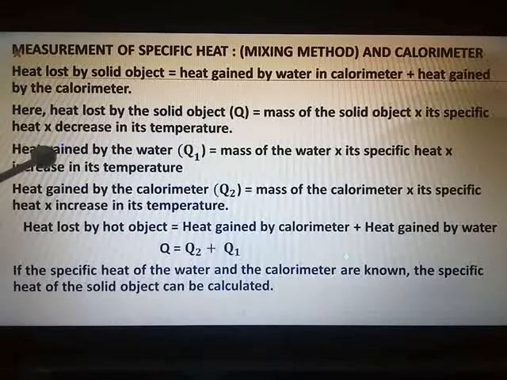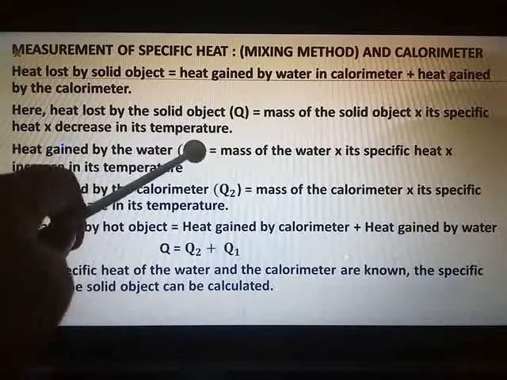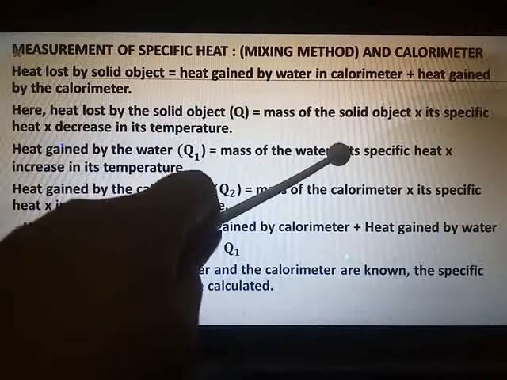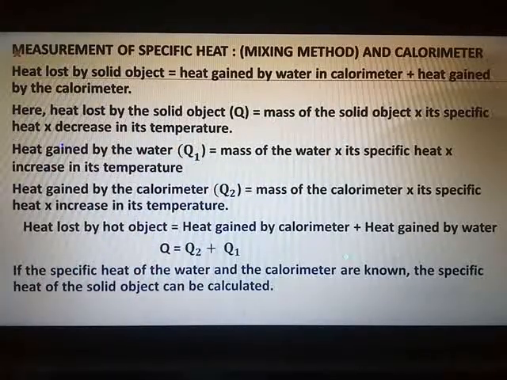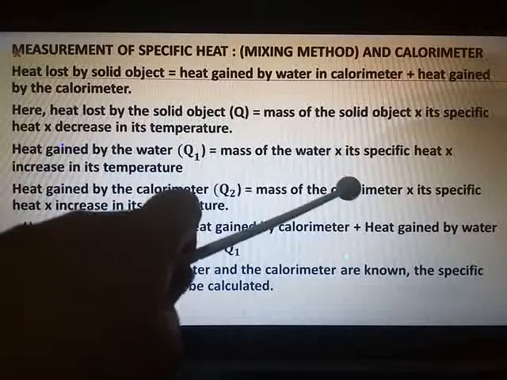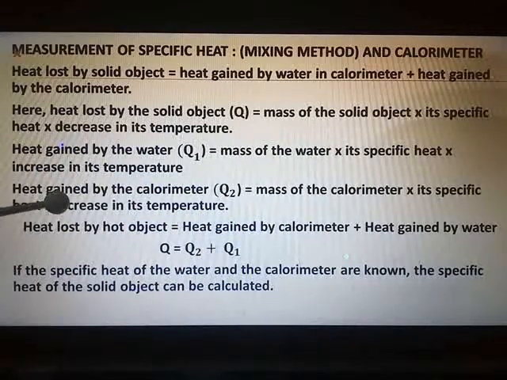Now what will be the amount of heat gained by water? Taking it as Q1, it will be mass of water multiplied by specific heat capacity of water multiplied by the increase in its temperature. Similarly, heat gained by the calorimeter, Q2, is equal to mass of the calorimeter multiplied by its specific heat multiplied by the increase in its temperature.